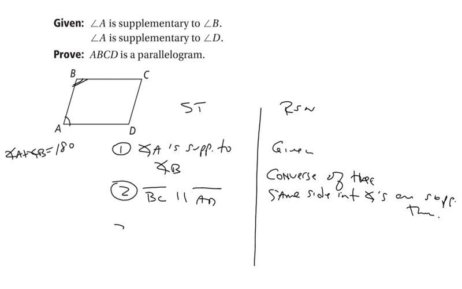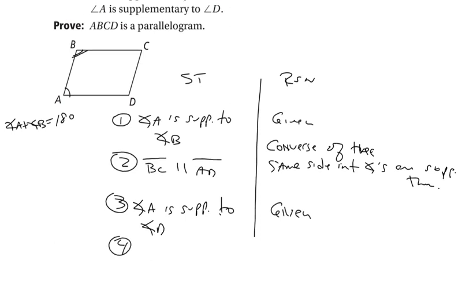What else do I know? Well, they're also telling me that, so I got this, check. Angle A is supplementary to angle D. Reason for that? It is given. Well, what do I know because of that?